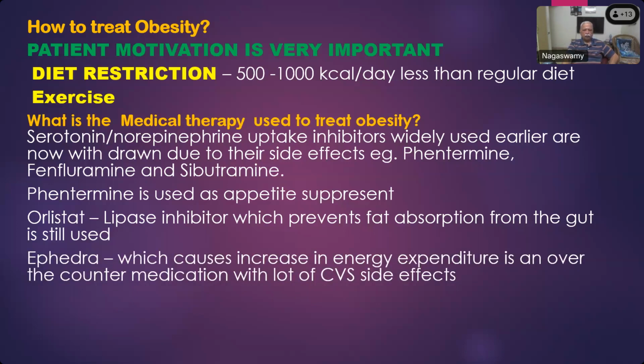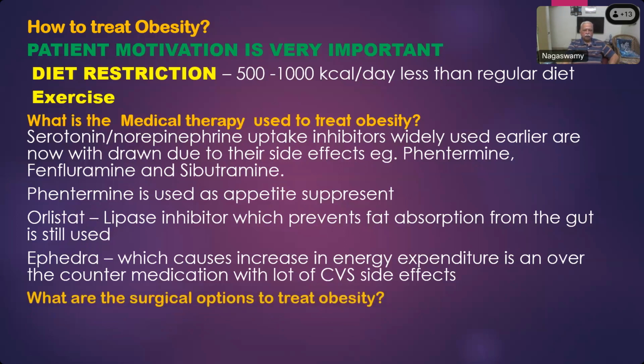So these are some of the names that you have to know before you go for your exam, because some examiners may ask you about medical management. Phentermine is not used. Orlistat you have to remember, it is an anti-lipase. It prevents absorption of fat from the gut. And ephedra is a non-prescription drug.